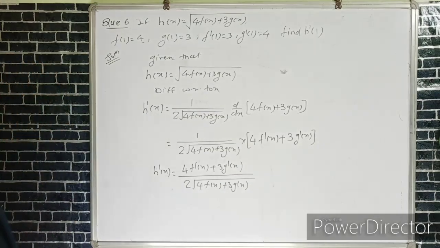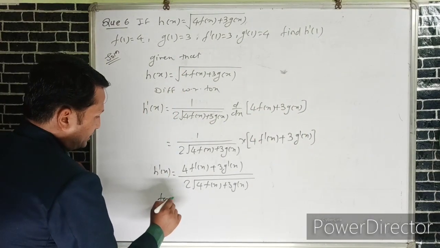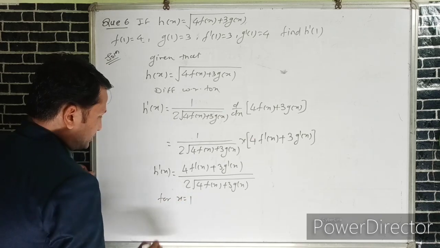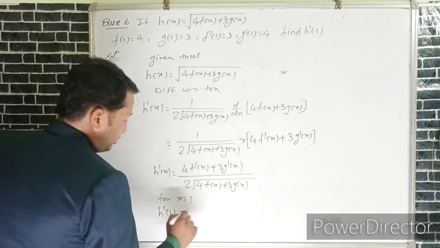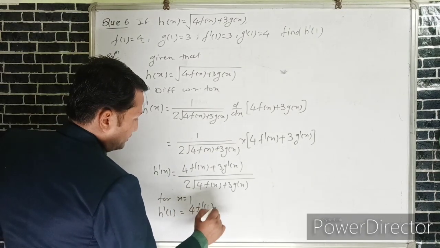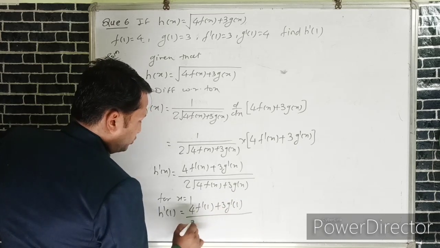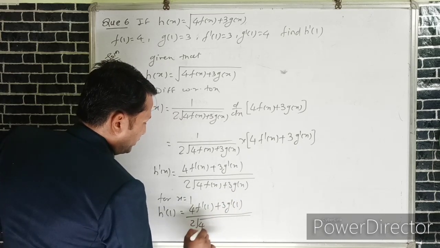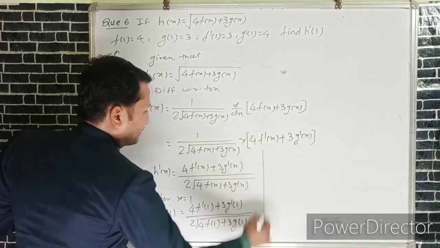If we replace the value of x with 1, then for x equal to 1, h'(1), which is the required answer, is 4 into f'(1) plus 3 into g'(1) upon 2 times the square root of 4f(1) plus 3g(1).